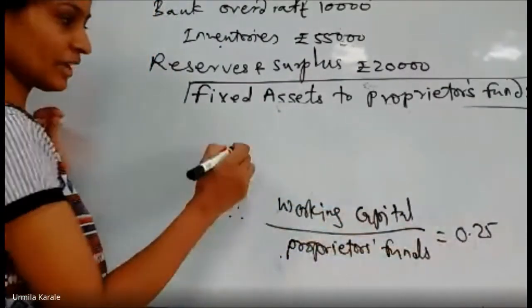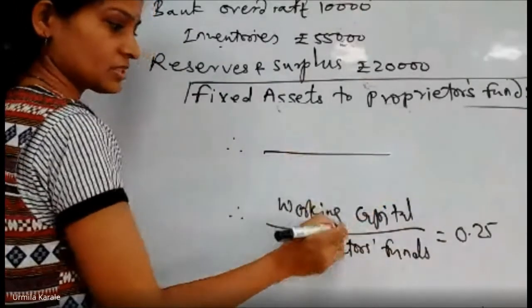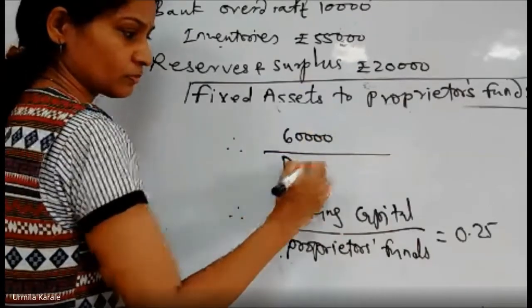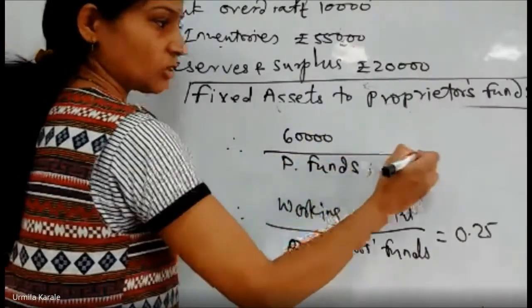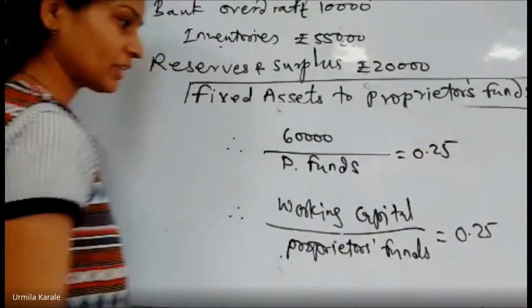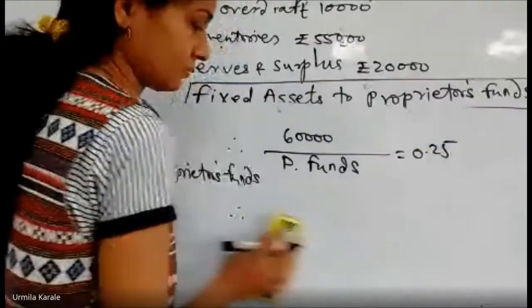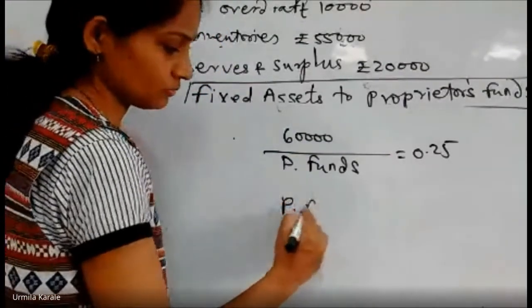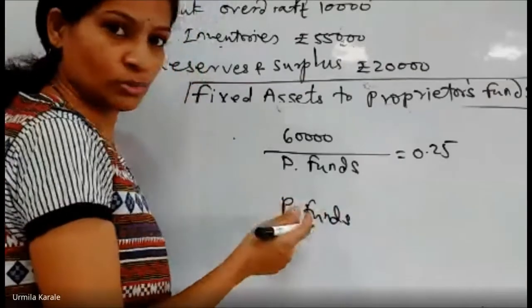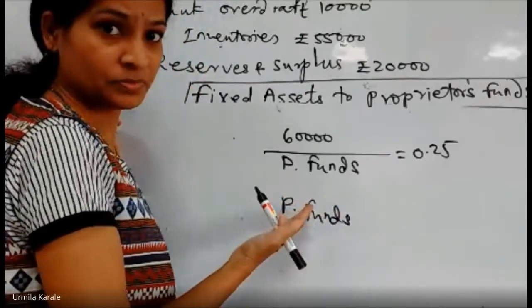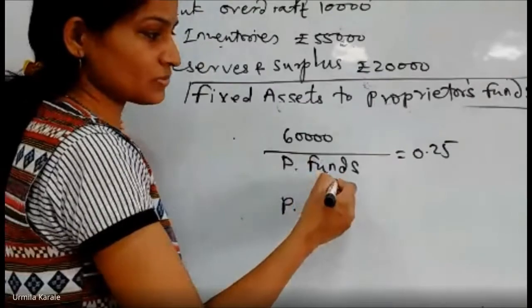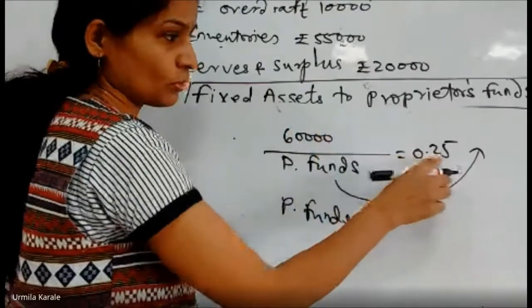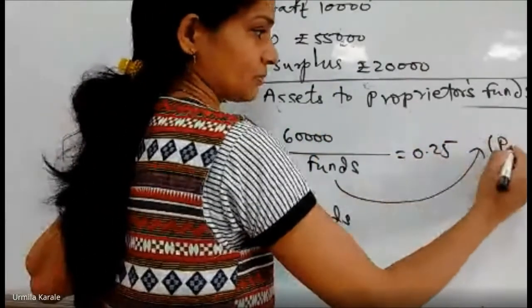Now working capital we already have information about. This is 60,000, I'm just putting it here. Proprietors funds we do not know, equals 0.25. Now can you find proprietors funds? Very easy to find now. Just this equation you have to solve. Proprietors funds equals, now what we'll do, just maths again. So the equation we have to solve: proprietors funds we will take to this side. So 60,000 equals 0.25 into proprietors funds.